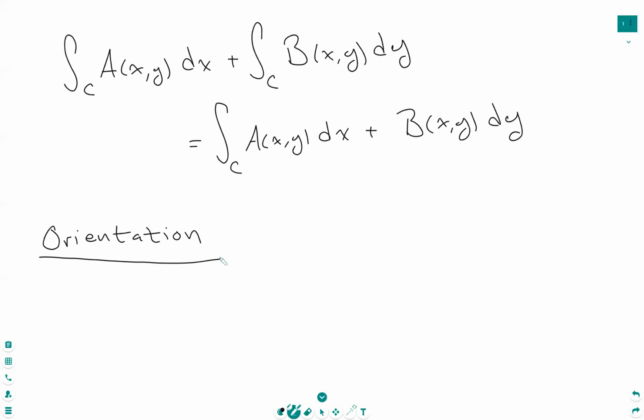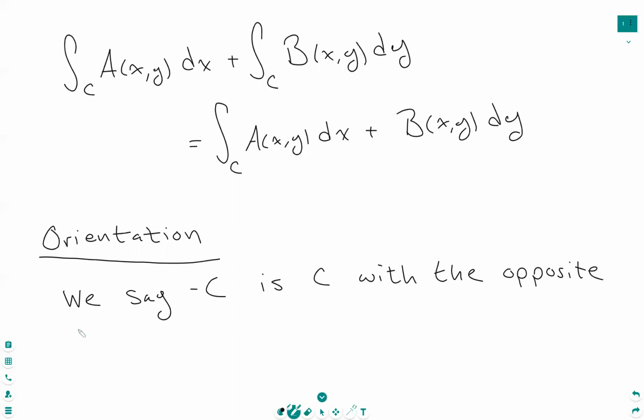If we have the initial point be the terminal point or vice versa, what's going on here? So we say negative C is C with the opposite direction.